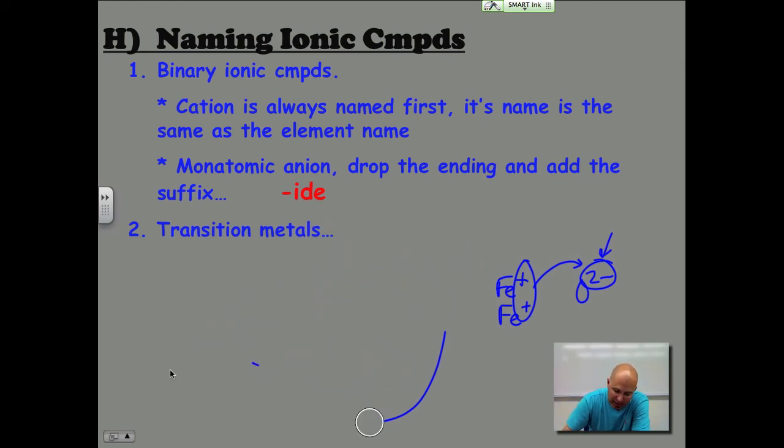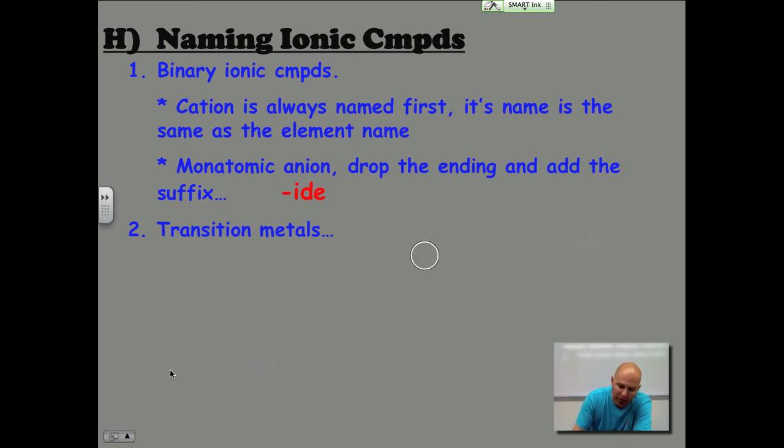If I do another one here, I'll give you the formula. In order to figure out what the charge is, you just take a look at what it's with. So let's say I have CuP, okay, copper with phosphorus. Now the name of this is going to be copper something, because copper is in the transition metals.